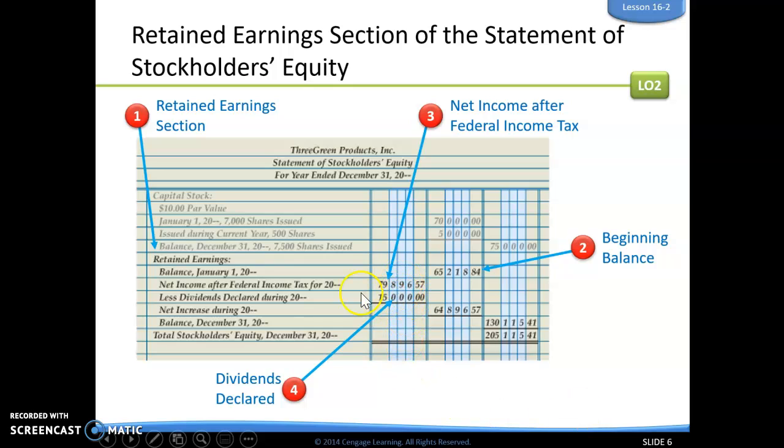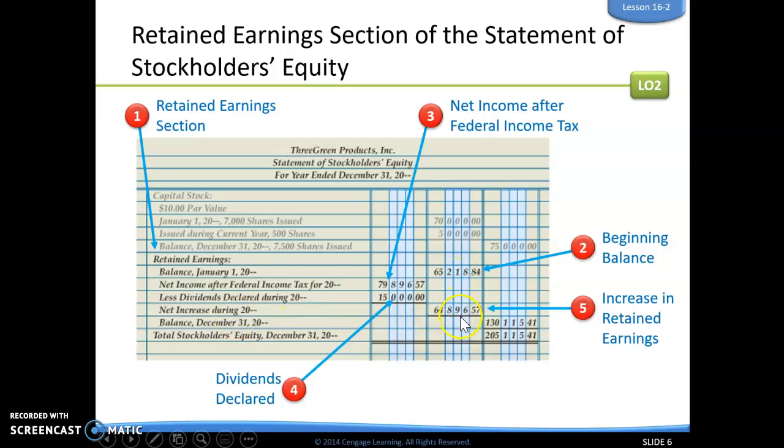We are going to take those two numbers, and just like it says over here, we are going to subtract those two numbers to get this number here. That number there is going to be our net increase. Next, we are going to take our beginning balance plus our net increase.